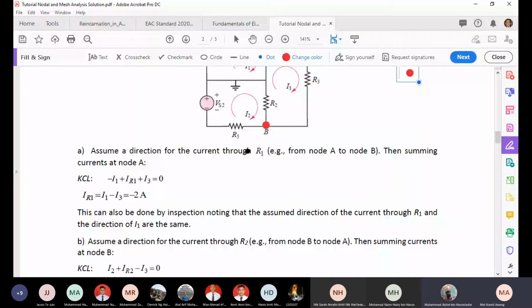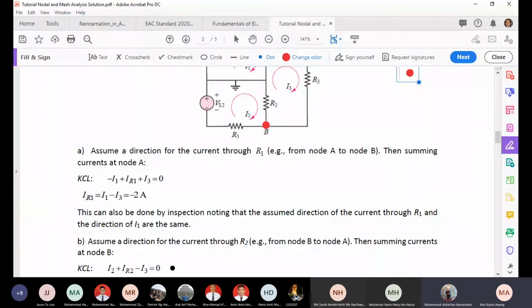I2 is going out, so it is positive, and IR2 is going out from node B to node A, so it is positive. Going in is minus.